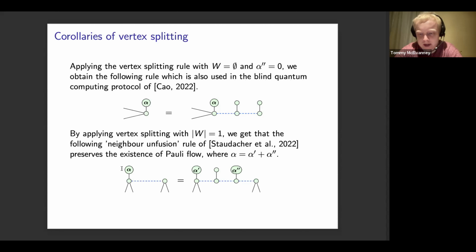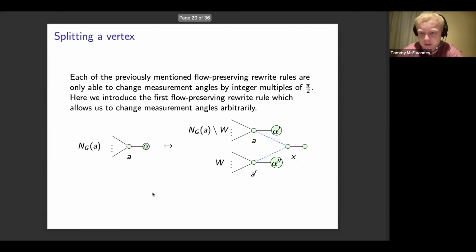Not in particular. A lot of the problem with stabilizer ZX rules is that they don't immediately preserve the MBQC form. Spider fusion, this vertex splitting, is essentially the spider unfusion for MBQC form diagrams. So we need to look at flow preserving rules slightly differently, because they need to preserve both flow and the structure of the diagram.